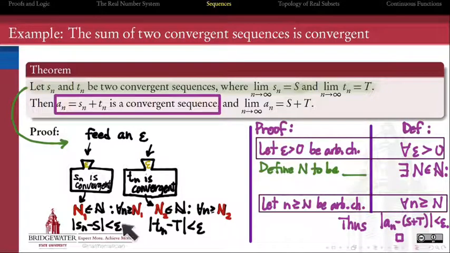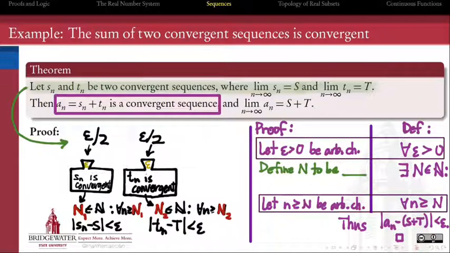So if I want this number out here to come out epsilon over 2 instead of epsilon, all I have to do is feed the definition epsilon over 2 instead of epsilon. So that's how we fix that wrinkle.